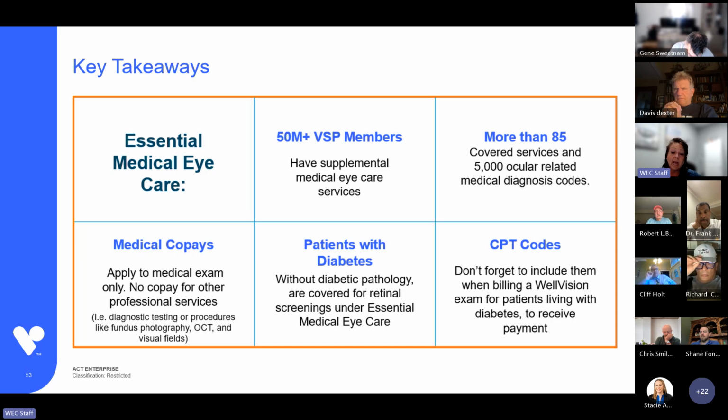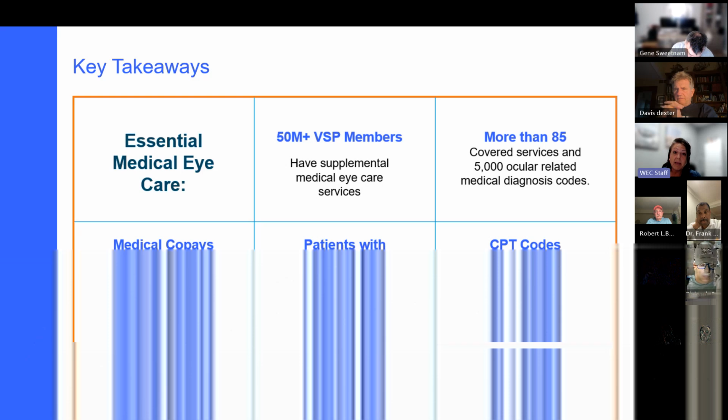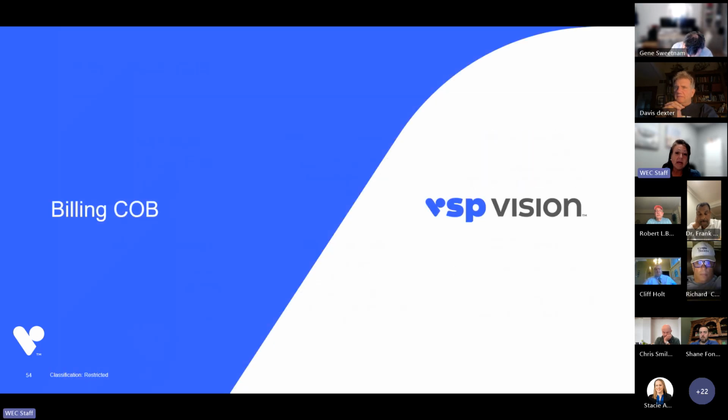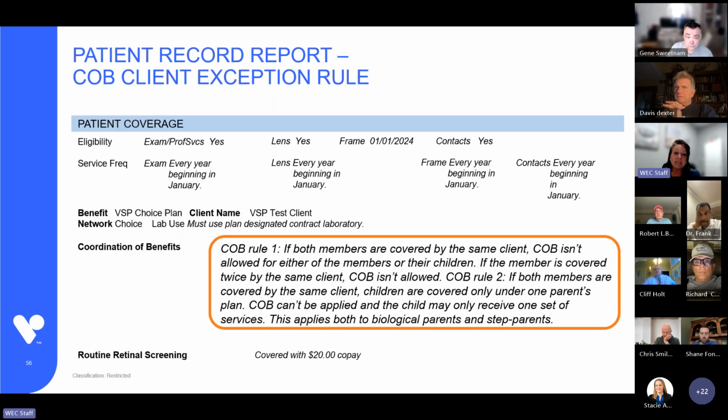And patients with diabetes, even without pathology, are covered under essential medical eye care for that retinal screening. And then don't forget, of course, to include the CPT-2 codes for your Well Vision plans for diabetes to get that reimbursement. And now, I'm going to fly through this section.